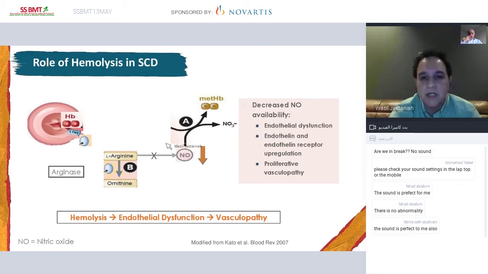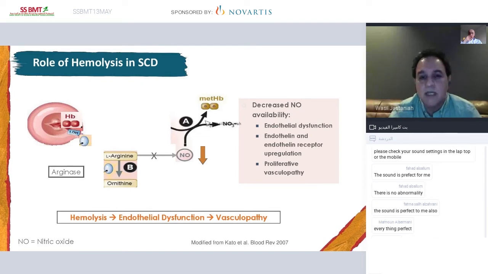In addition, nitric oxide chelates or reduces the oxidative stress of free hemoglobin, leading to all nitric oxide being scavenged by the free hemoglobin to convert it to methemoglobin to reduce the toxic effects of the free hemoglobin. As a net result, nitric oxide has a significantly decreased bioavailability from the chronic hemolysis.